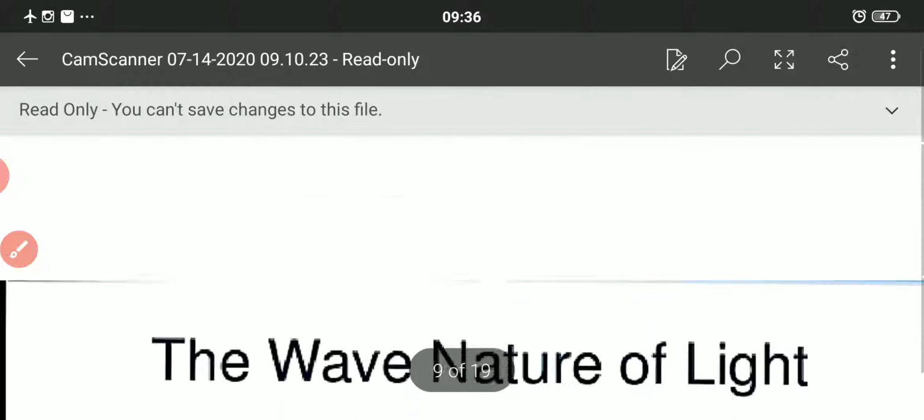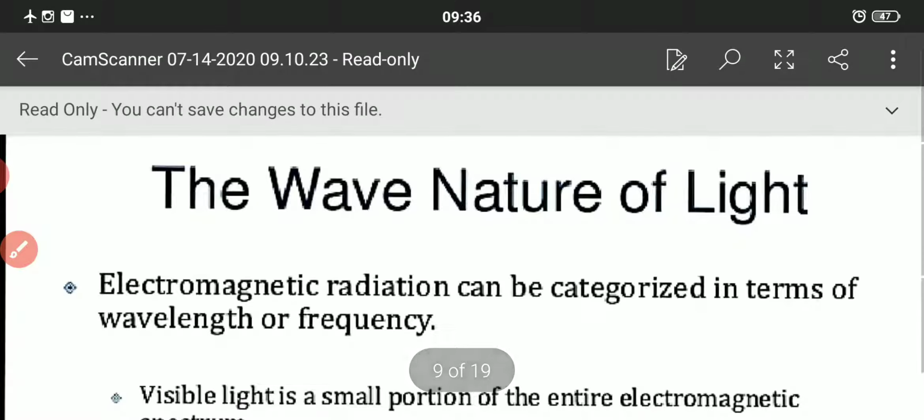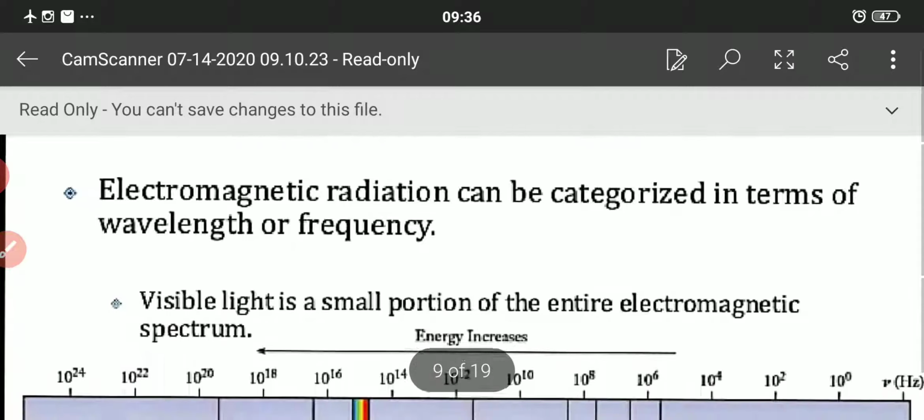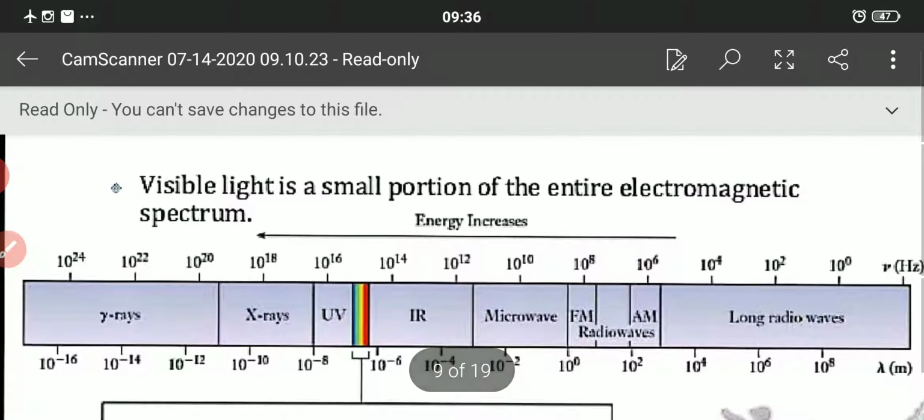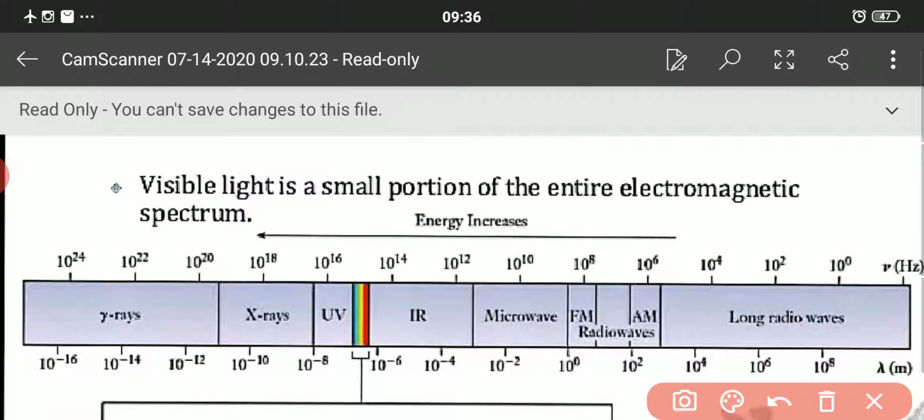Now the wave nature of light. Electromagnetic radiation can be categorized in terms of wavelength or frequency. For example, as I discussed, it is the electromagnetic spectrum. See here, the value of lambda from 10^-16 to 10^-11 is considered gamma ray.